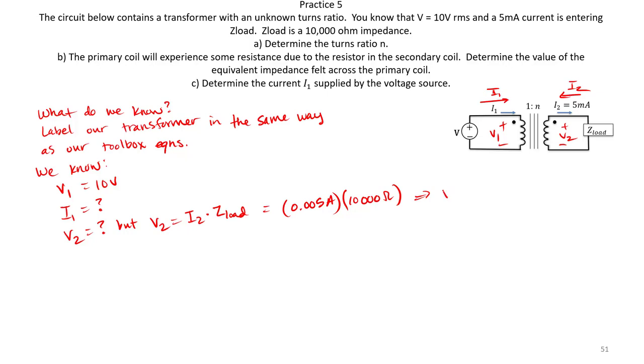So we can determine that V2 is 50 volts. And then finally, I2 is just negative 0.005 amperes due to the direction. And finally, N, our turns ratio, is unknown.